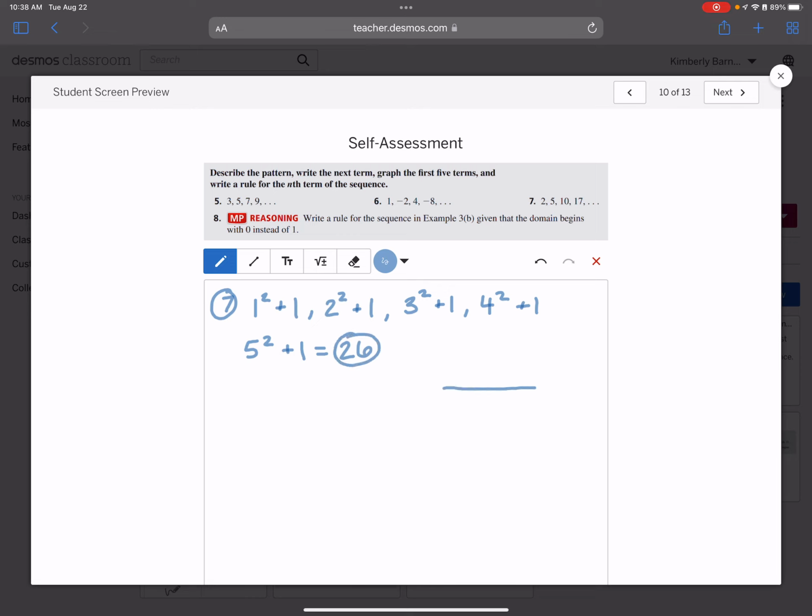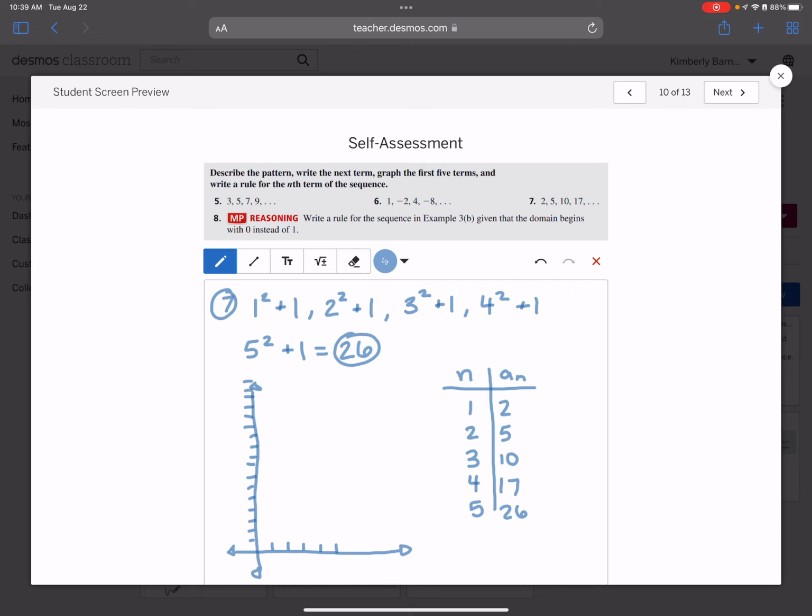All right, so to graph it, our first 5 terms are 2, 5, 10, 17, and 26. We'll see what I can fit on here. Okay, I can get at least to 17.